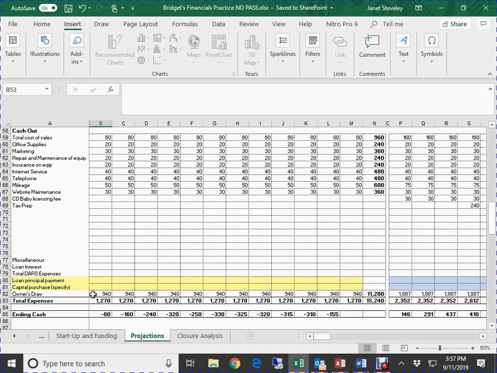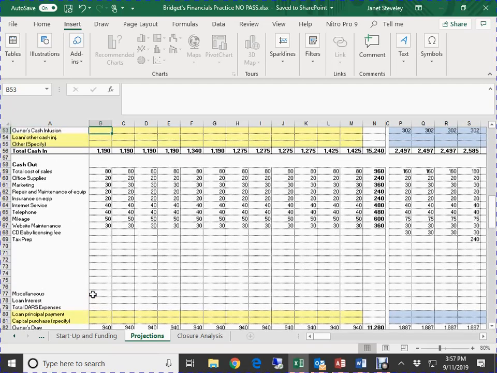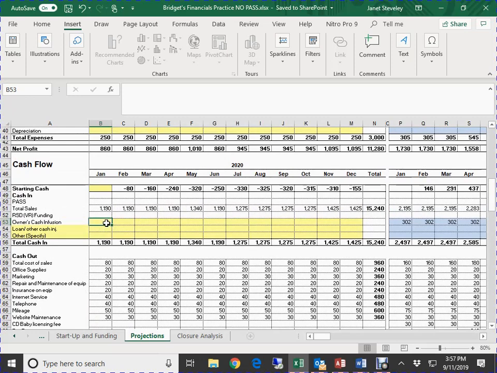But if she's only going to take $500 for the first 6 months, I can basically redeposit $440 each month into her business account. And I'm going to spread that across the first 6 months from January to June. It's not really that she's taking it all out and redepositing it. It's just that she's only taking out $500 instead of the $940.